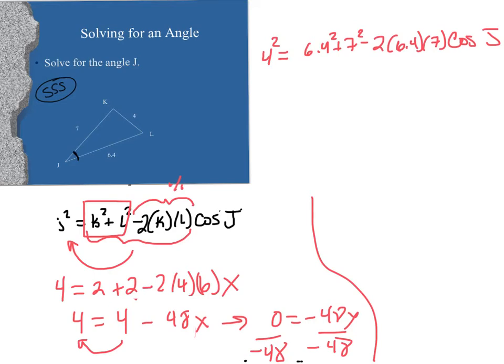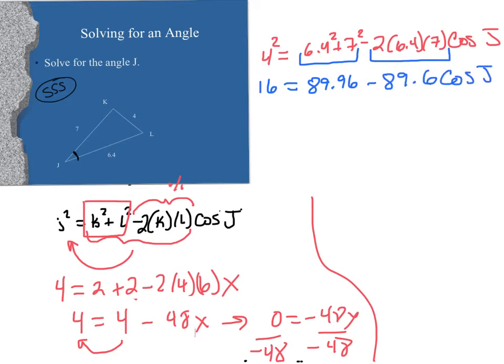So I'm going to take my calculator out and work with these numbers. The first thing that I'm going to do, as I said before, is get these guys together, and then get these guys together. And so when I do that, I get 16 is equal to 89.96 minus 89.6 cosine of J. So the first thing that I'm going to do is subtract this over.